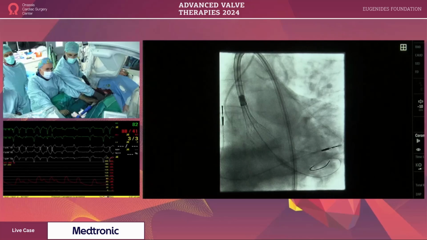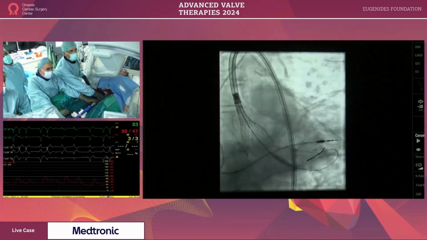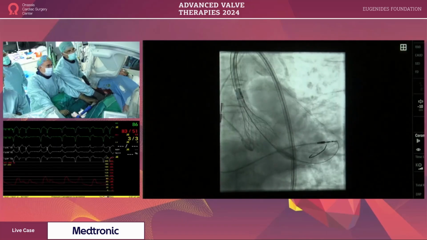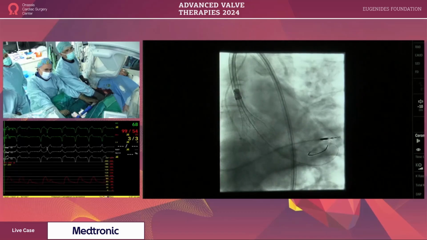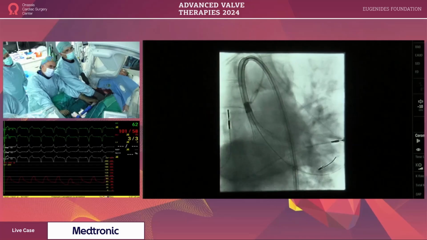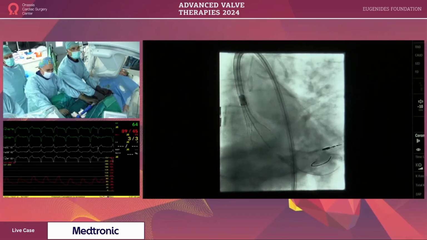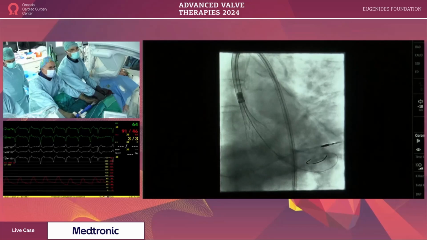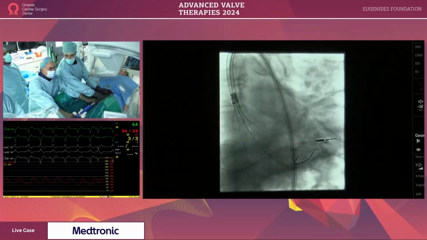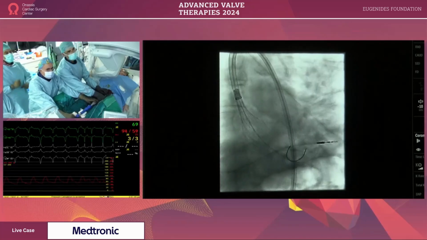Can you do another injection? I think it hasn't moved, so it keeps moving up. Please release it before it moves all the way up. You see, it's really unhelpful, the anesthesia here. This is a good example of what to do and what not to do.